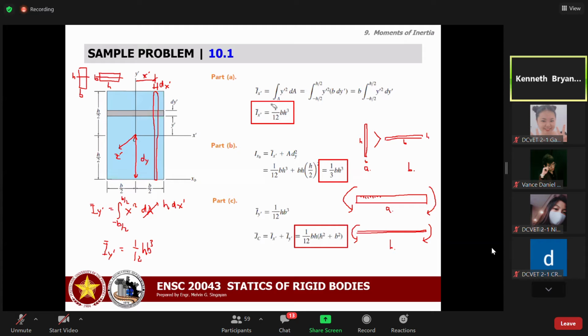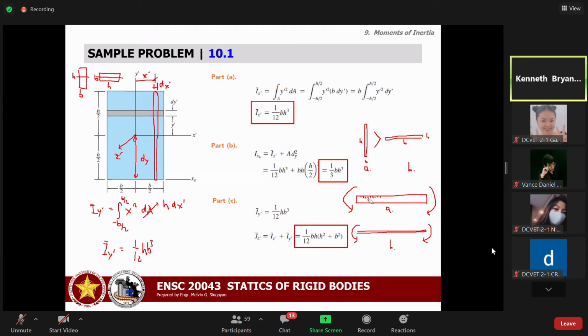Because moment of inertia is resisting bending. So, if you have a cross-section with a high moment of inertia, the resistance to bending will be higher also. Kaya that's why, since mas malaki yung moment of inertia nito compared to this one.